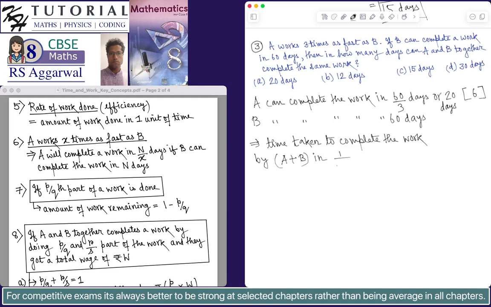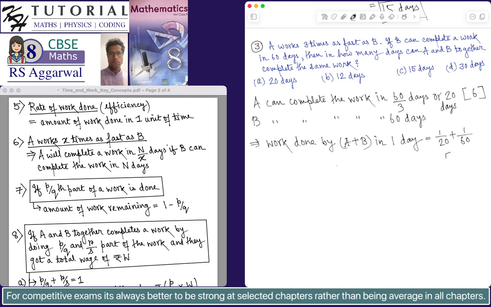First we have to find the work done by A and B in 1 day. So work done by A plus B in 1 day will be equal to 1 by 20 plus 1 by 60.